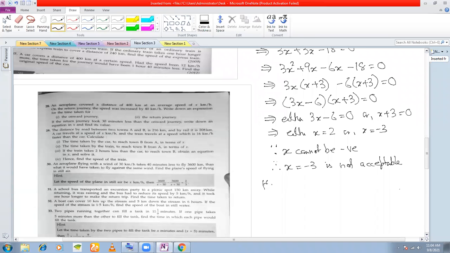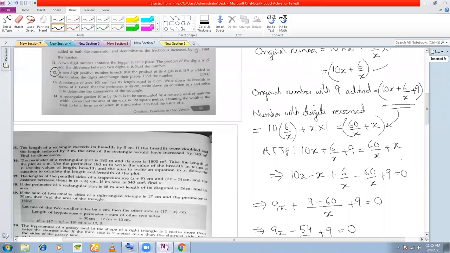Hence, what is the tens digit? Tens digit is equal to x is equal to 2. And what is the units digit? Units digit is 6 by x, right?